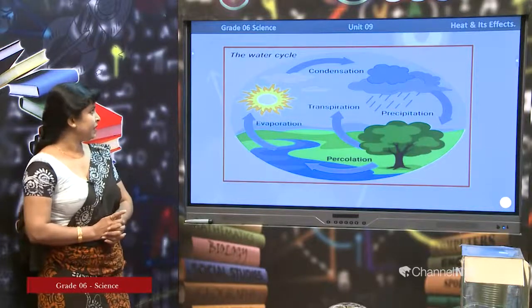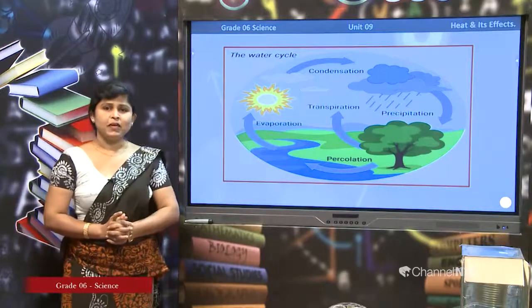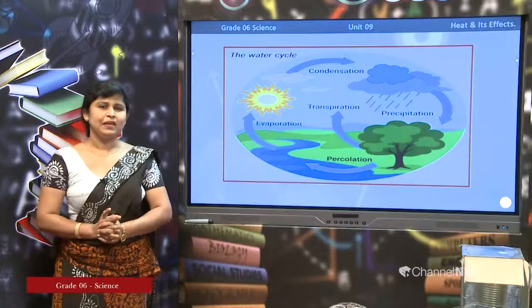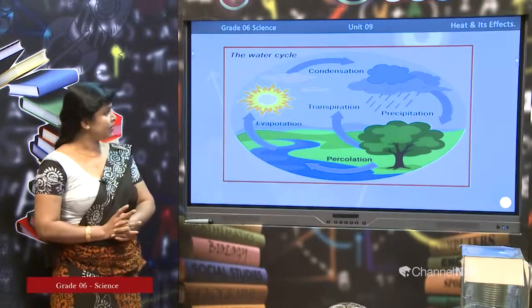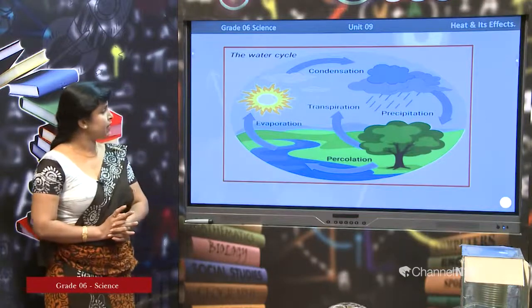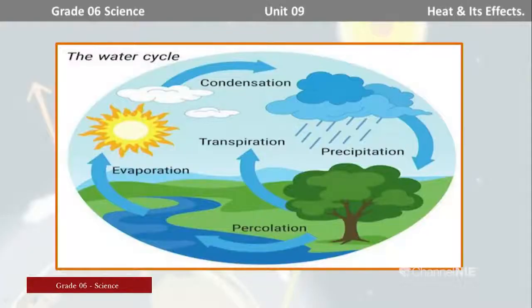Right. I thought that it will be important for you to explain a little about the water cycle. You can observe that here is a simple diagram of a water cycle. Due to the heat energy of the sun, the liquid water is evaporated. The water is evaporated and liquid water becomes water vapor.